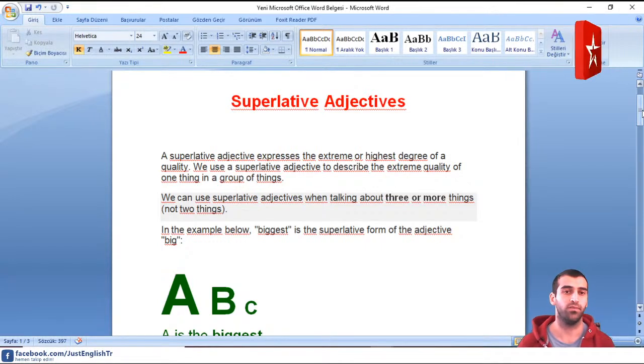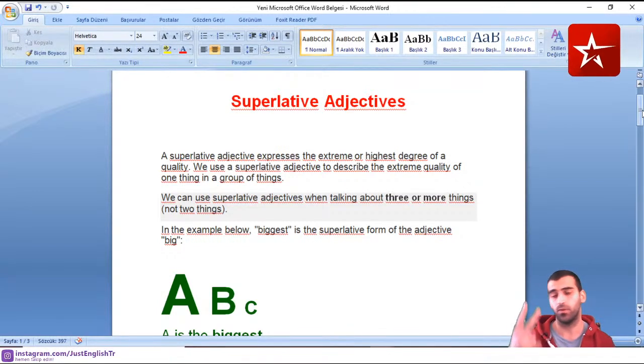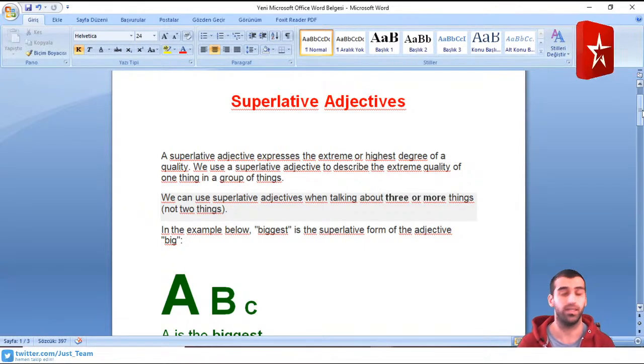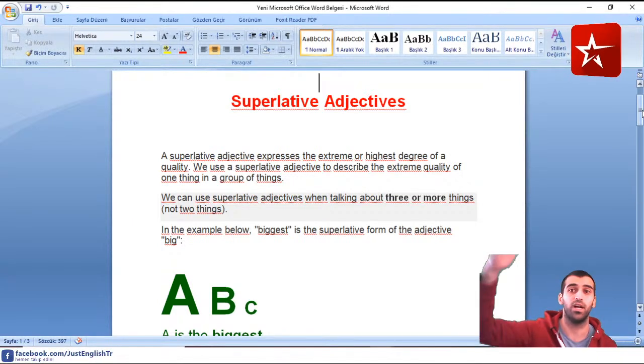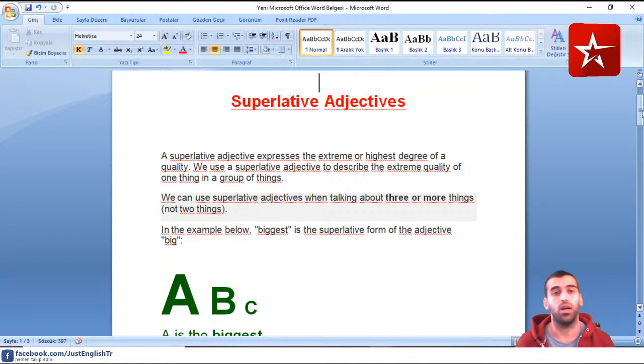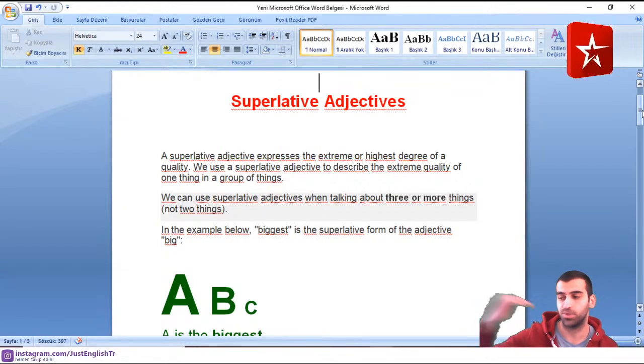We can use superlative adjectives when talking about 3 or more things, not 2 things. If we are talking about 2 things, we should use comparatives, but for a superlative, we have to have at least 3 things to compare in order to show which one is the highest, which one is the tallest, which one is the extreme.